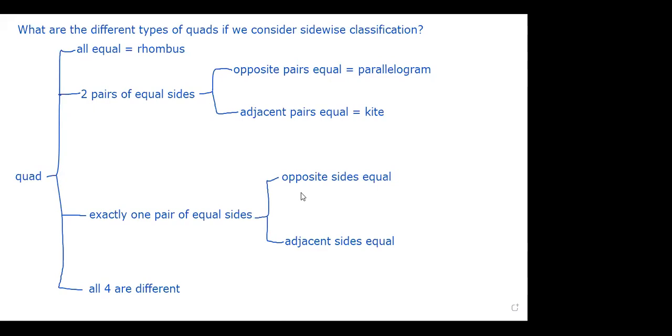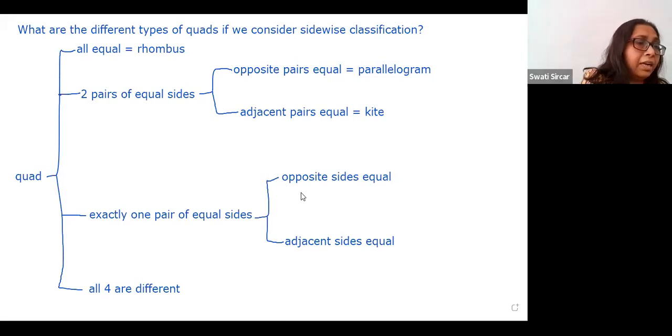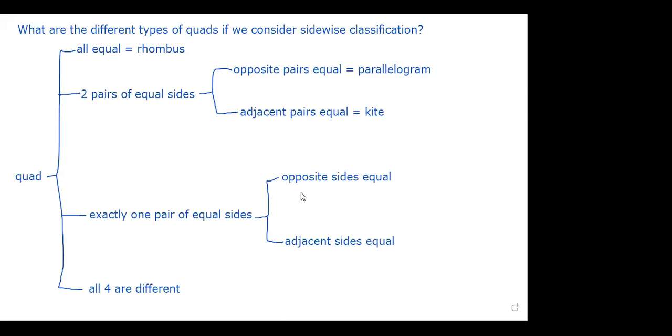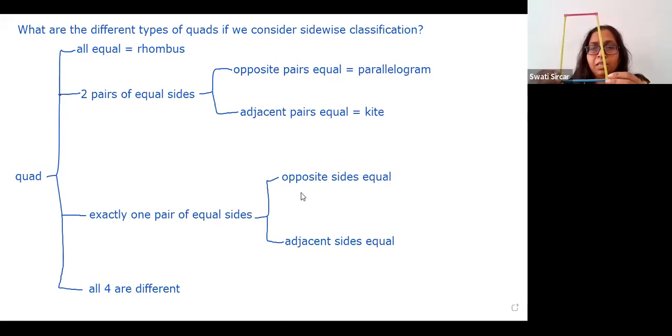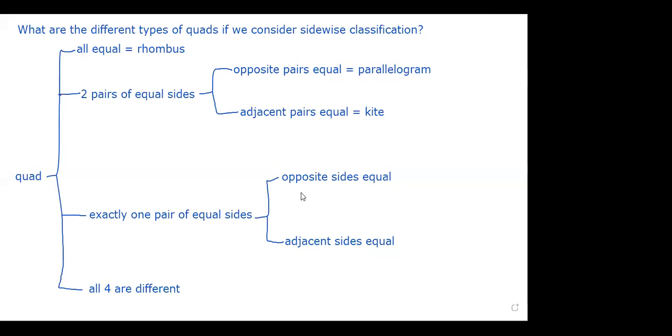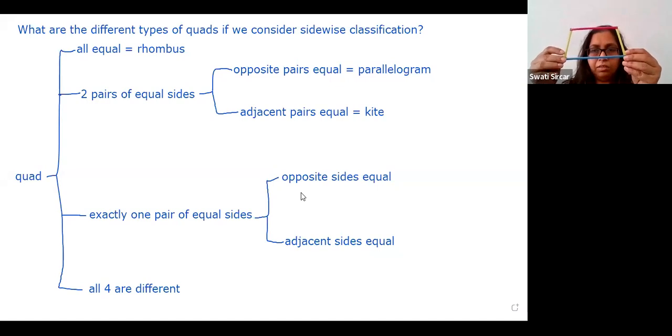Ma'am, for opposite sides equal, we can have an isosceles trapezium. Yes, we can. Thank you for that. I was just going to show you that if you have opposite sides equal, you can make it an isosceles trapezium, but it need not be, right? It can be or need not be. And same thing, this is another one.